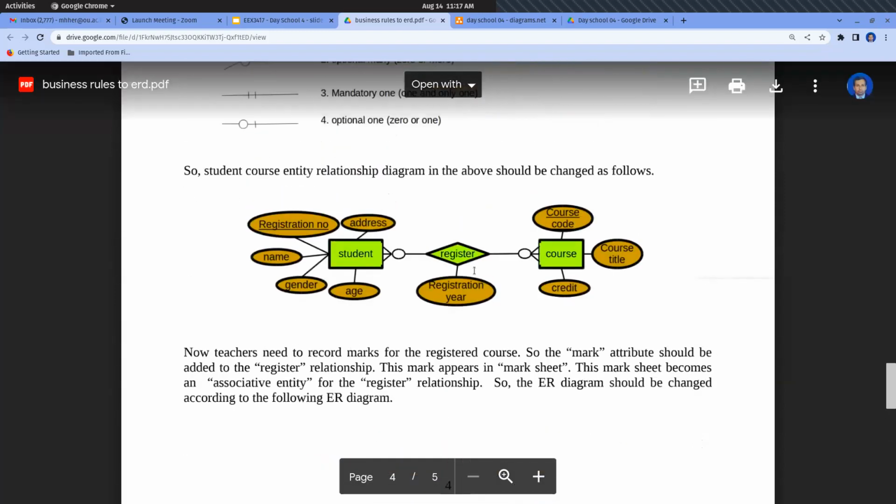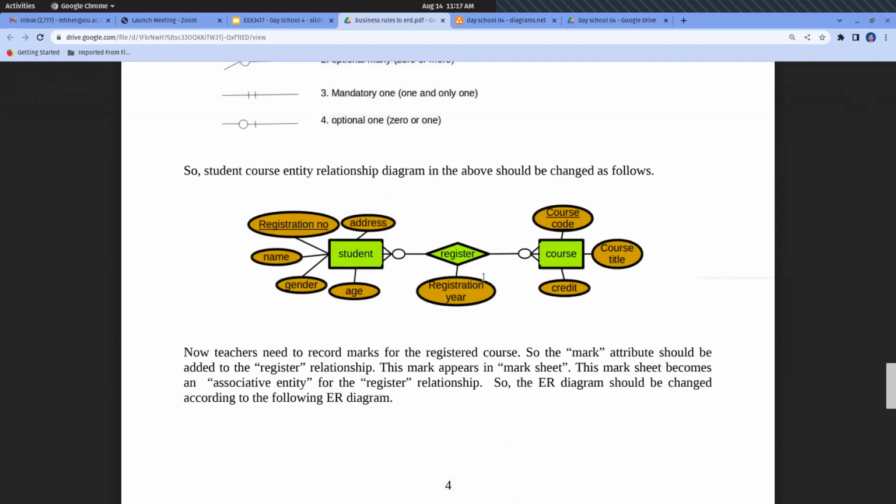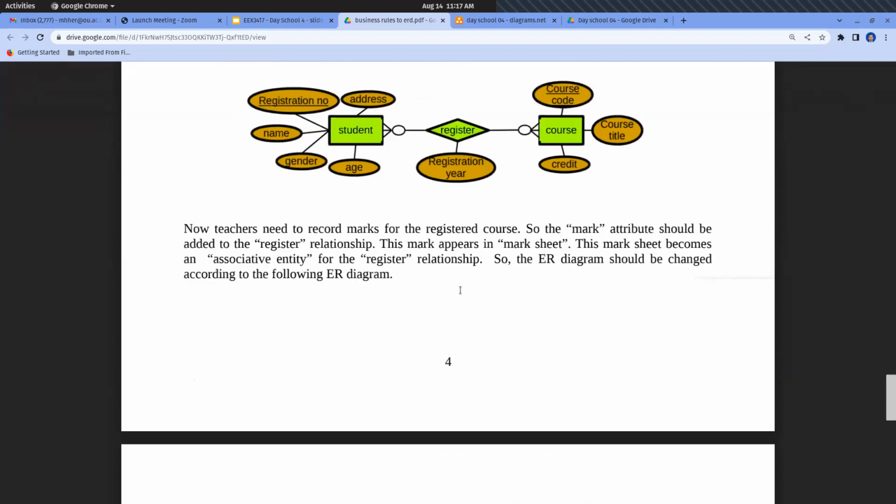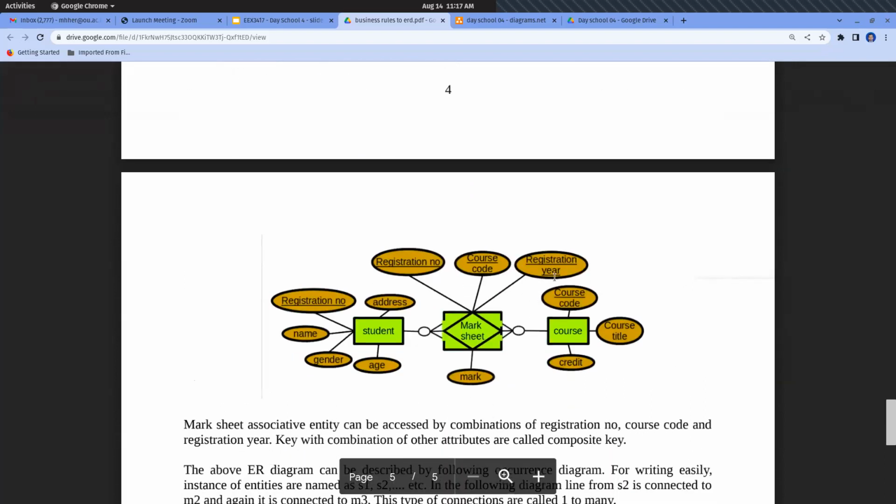Here this register relation is mark sheet. There are 3 tables here: student, course, and the mark sheet.